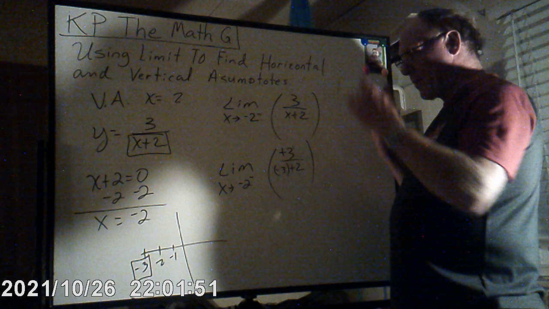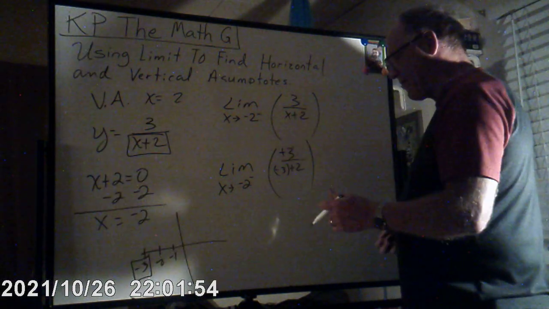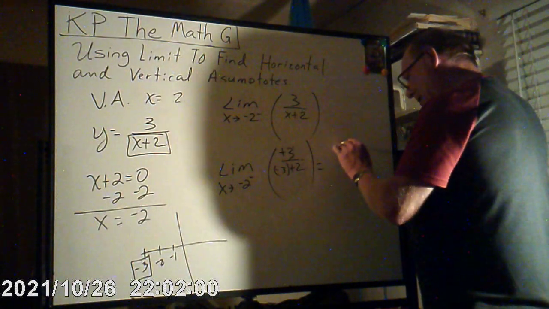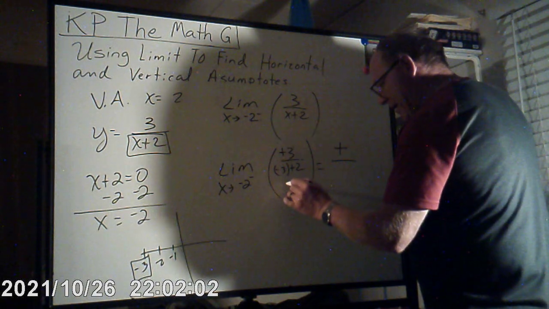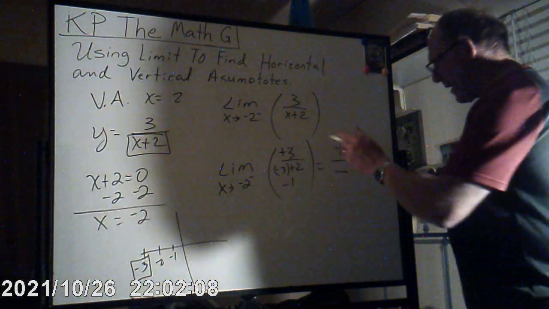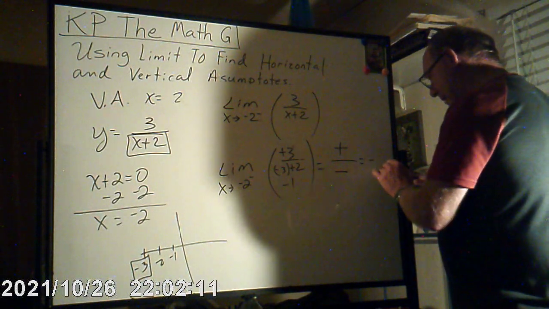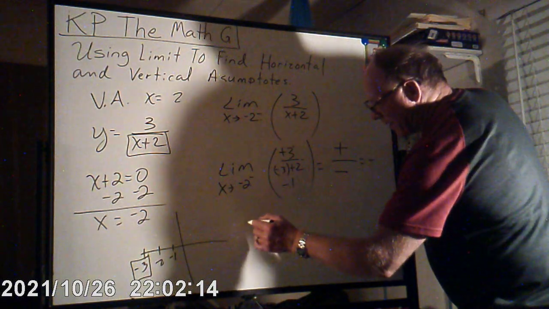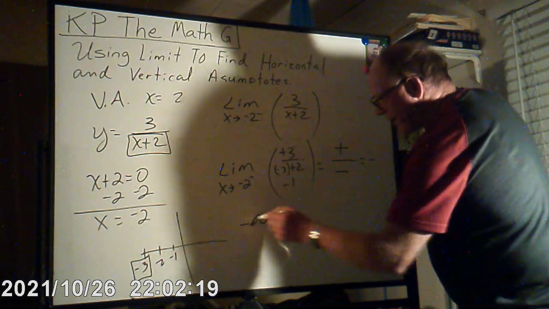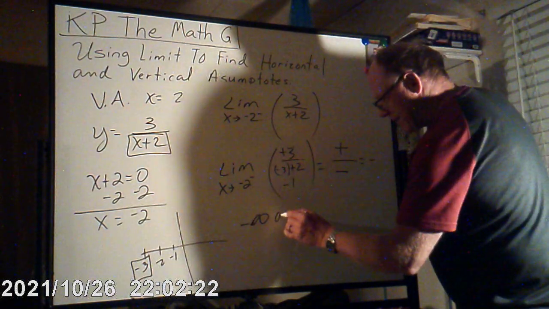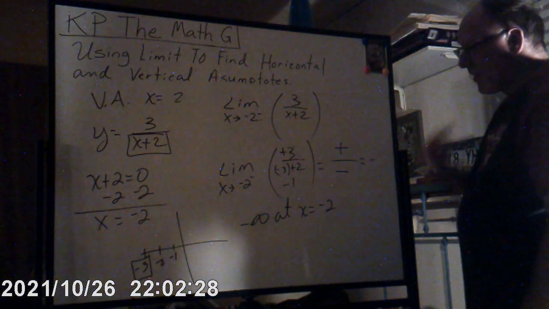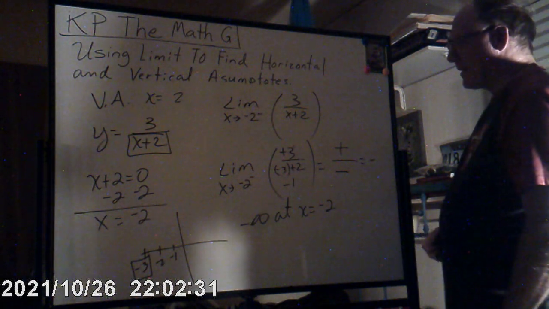So the numerator is positive, while the denominator is -1, which is negative, obviously, and a positive over a negative is a negative, which means that we are approaching negative infinity at x equals -2. So that's negative infinity.